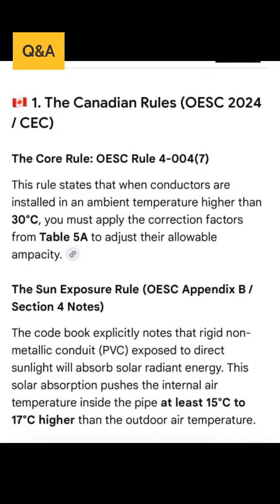This pushes the internal air temperature inside the pipe at least 15 to 17 degrees Celsius higher than the outdoor temperature.